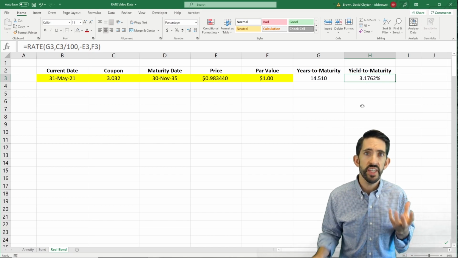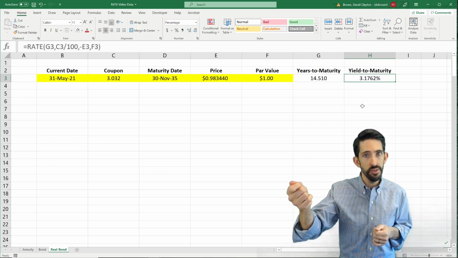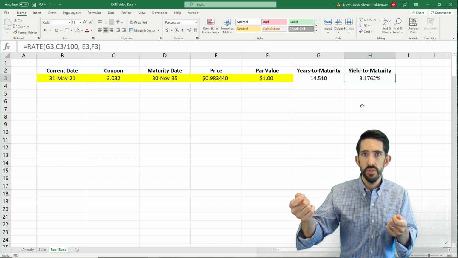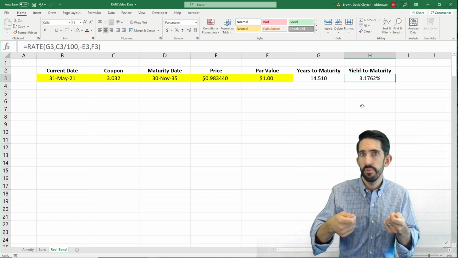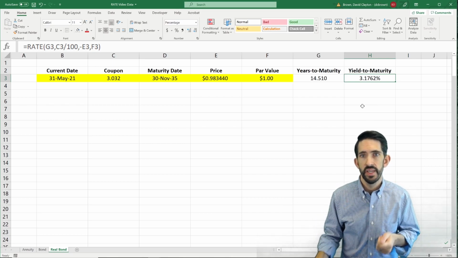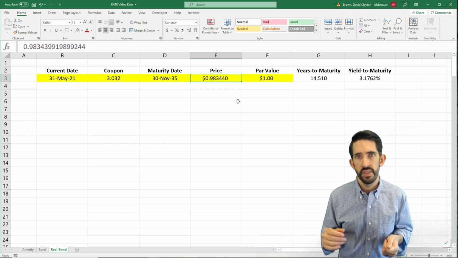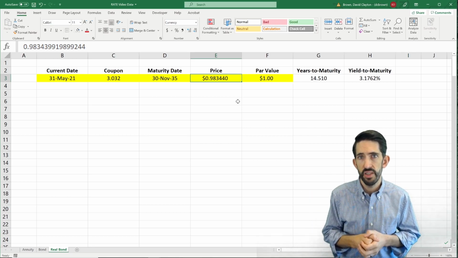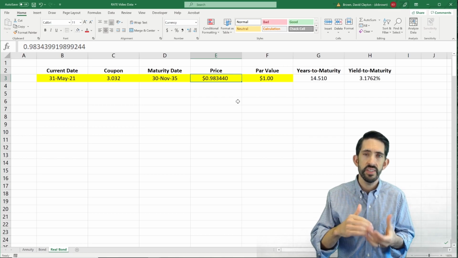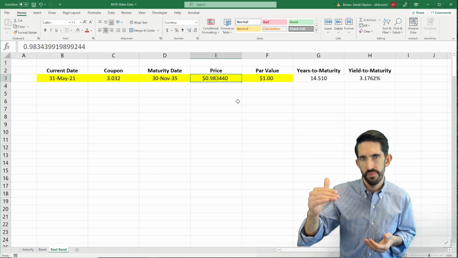Now that can only be the case, that you're actually getting a higher yield than the coupon they're paying to you, if you actually paid less than the face value for the bond. And that's exactly what we see here. You actually paid a discount for the bond. You only paid about 98 cents for every dollar. So because you paid less, that's why you're earning a higher return.